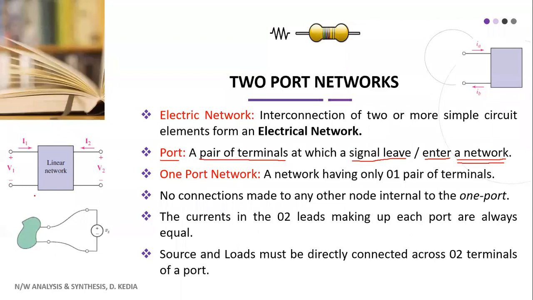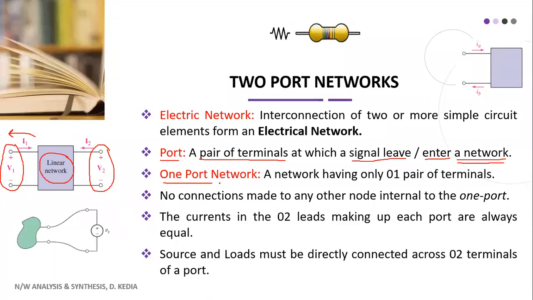In the figure on the left hand side, at the center I have shown a linear network with a rectangle. This is one port and this is another port. This is a pair of terminals where a signal is entering into the network, or it could also leave the network the reverse way. So these are known as your ports.